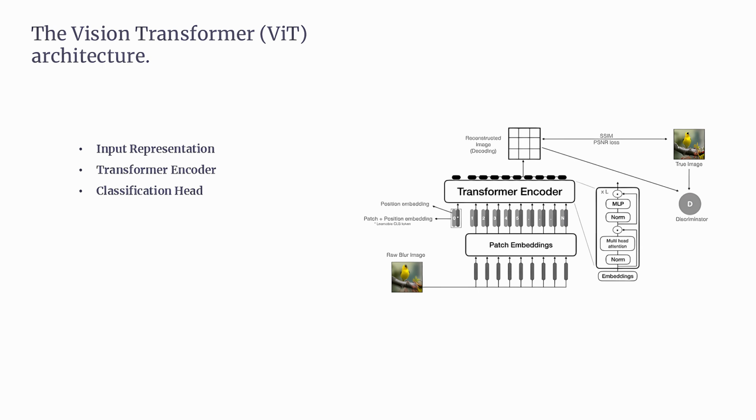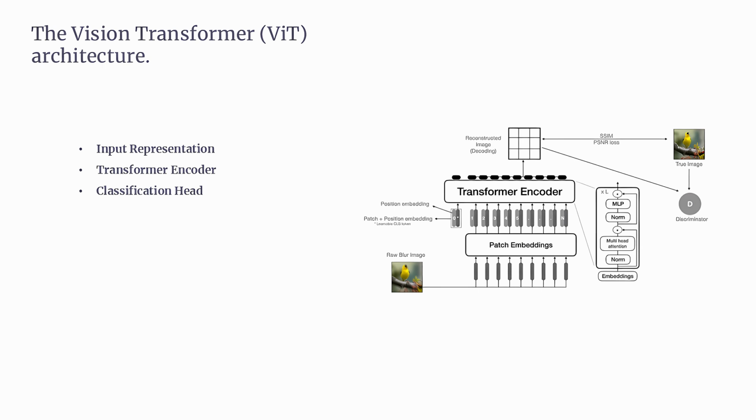After processing the input through the stack of transformer layers, the output is a sequence of embeddings representing the patches. To perform the classification task, ViT uses a classification token, CLS token. First, a special token, like the CLS token used in NLP transformers, is added to the sequence of patch embeddings before feeding it into the transformer encoder.